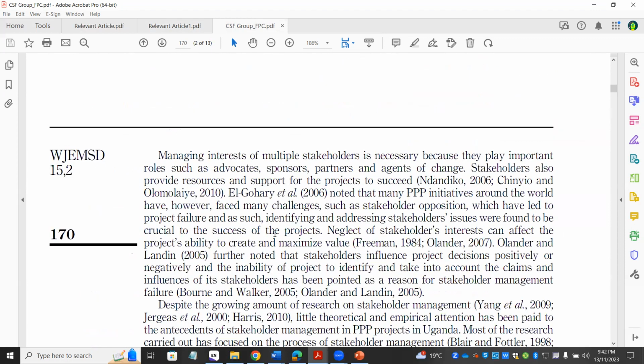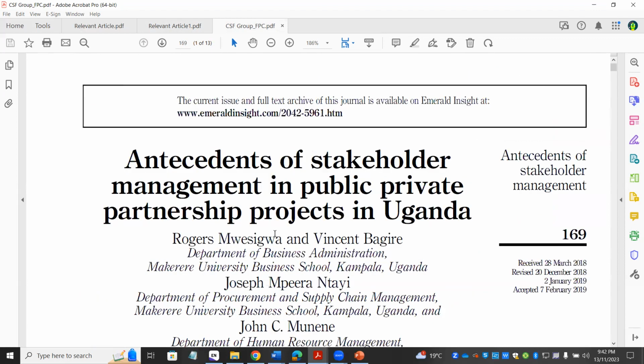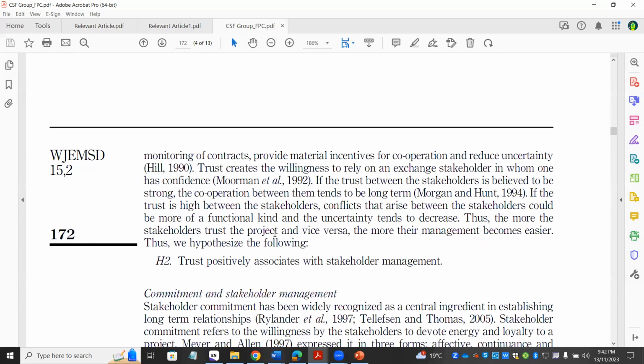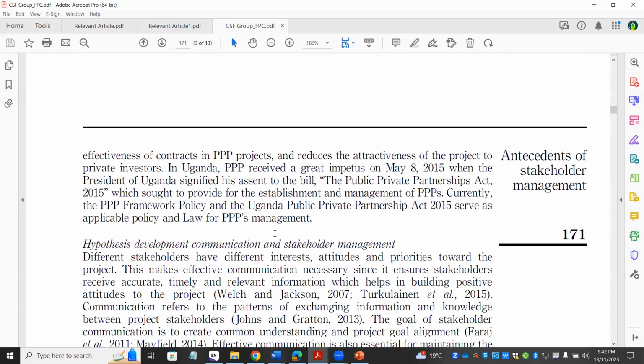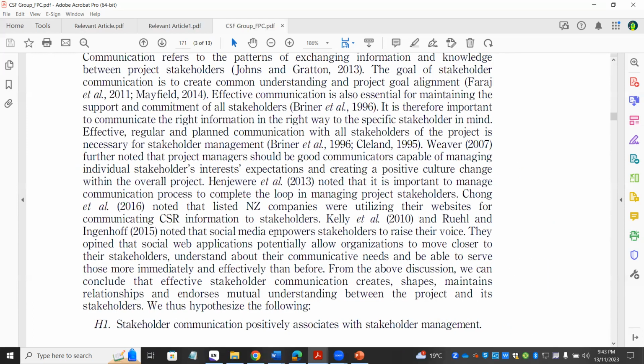Okay, so this paper is from Rogers, Antecedents of Stakeholder Management in Public-Private Partnerships in Uganda. Let's see how the hypothesis was done. To understand what I explained from the beginning, where I said you can develop your hypothesis either from empirical studies or from an established theory, please do your best to read other articles.